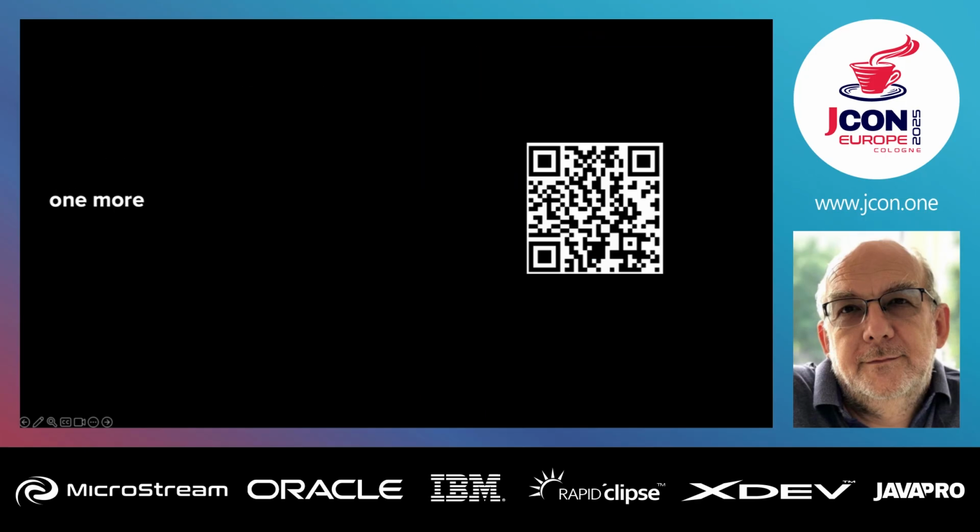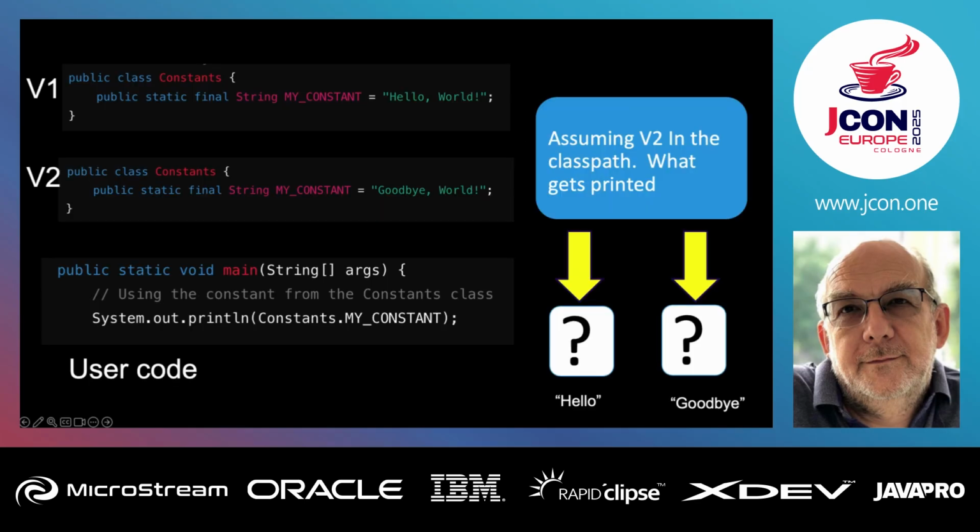Let's move on. I've got one more little thing for you. Version 1 of my code has constants, and it says String myConstant equals "hello world". And then I change it in version 2 so that the string myConstant now says "goodbye world". Here is my user code that has been compiled against version 1, and it prints out the value of Constants.myConstant.